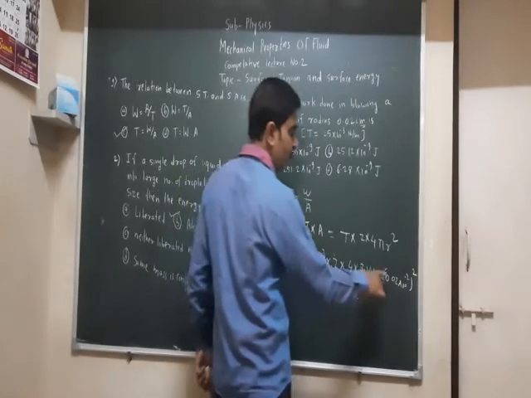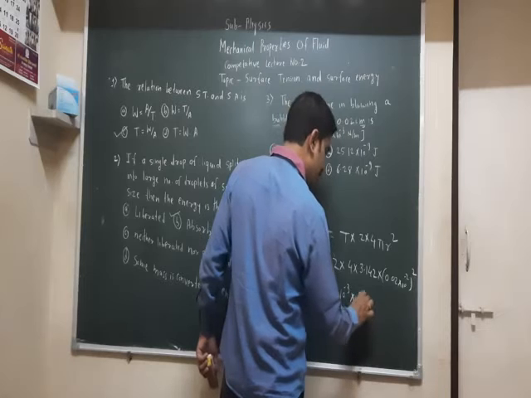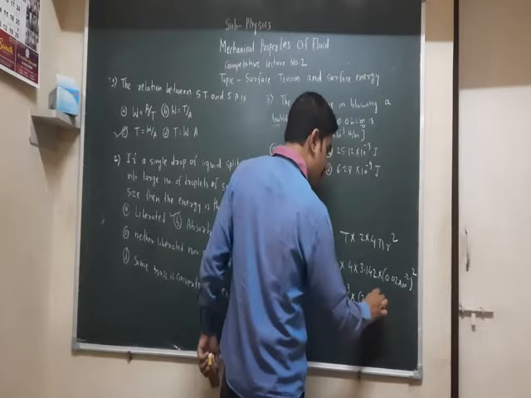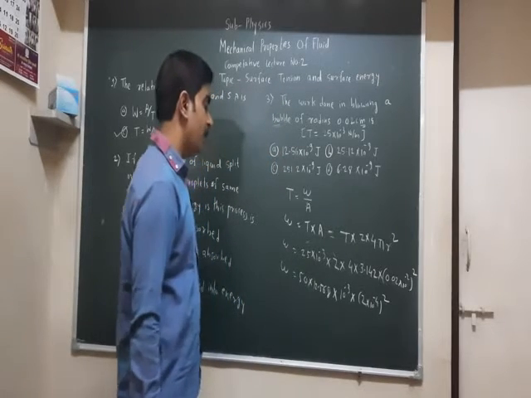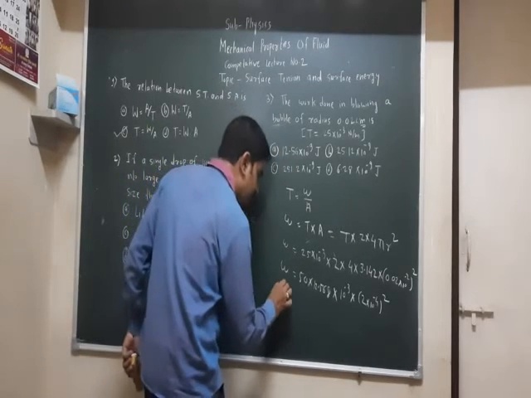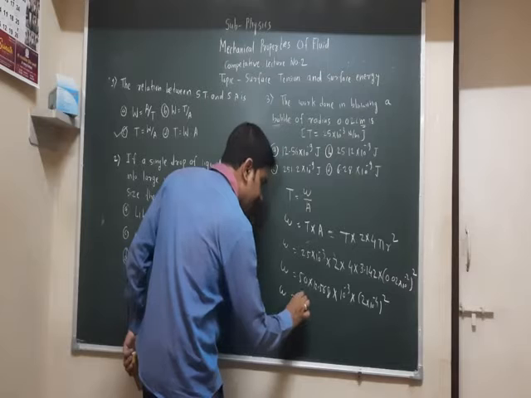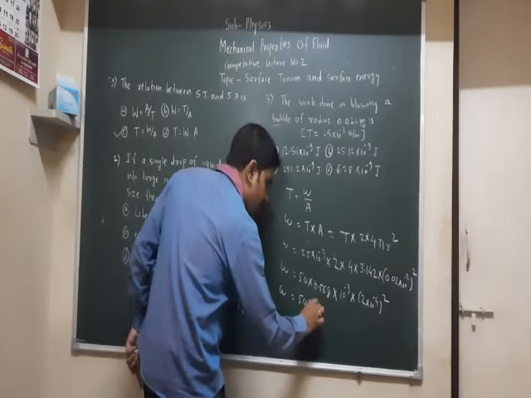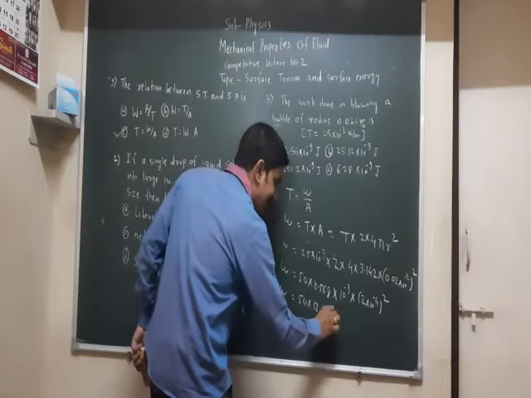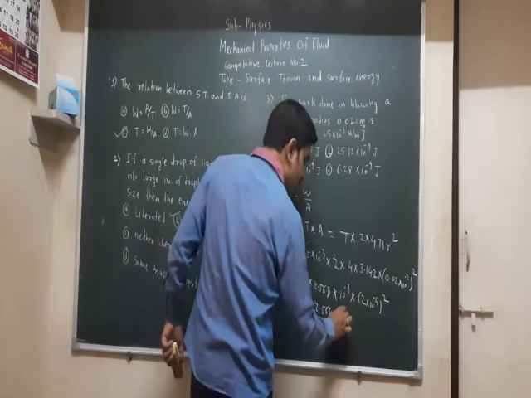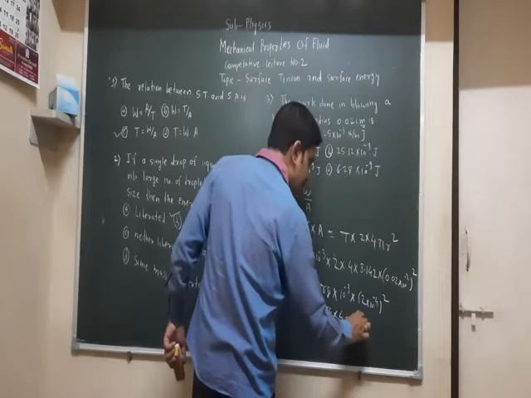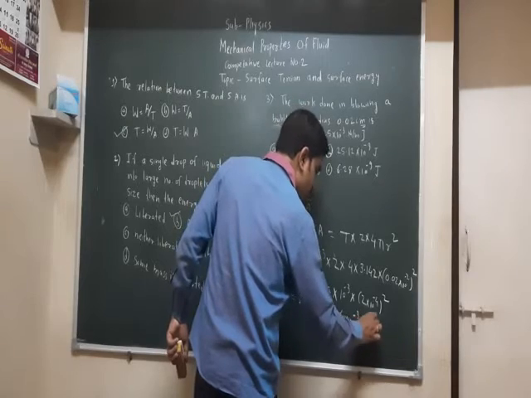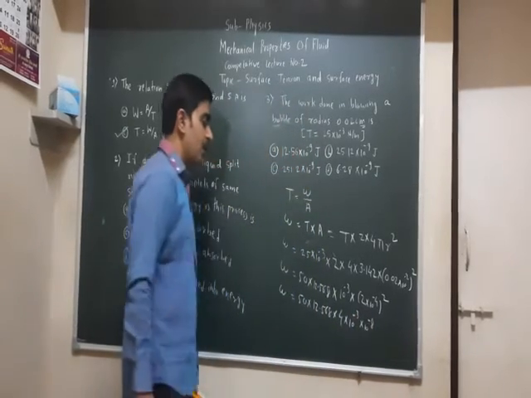Now here 0.02, so you can write it as 2 into 10 raised to minus 4, bracket square. Now if we do the multiplication, again I can write 50 into 12.568, here 4 into 10 raised to minus 3, and here 10 raised to minus 8.